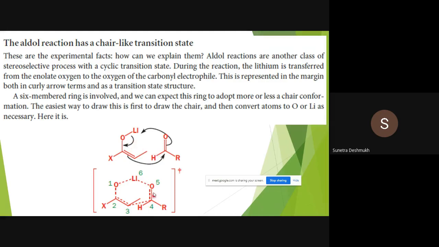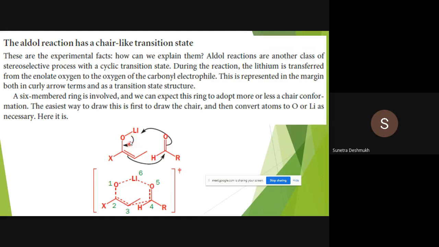of one 6-membered cyclic transition state. So pay attention to how different bonds are broken and how new bonds are formed to form a new beta hydroxyaldol. Here the enolate oxygen possesses lithium. The enolate is a nucleophile, as we know very well.